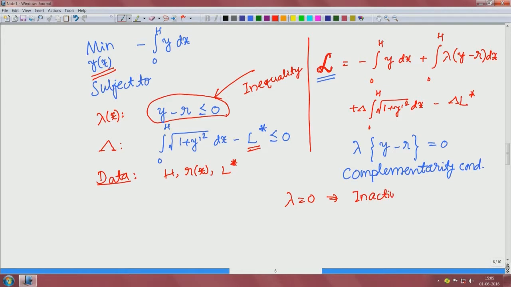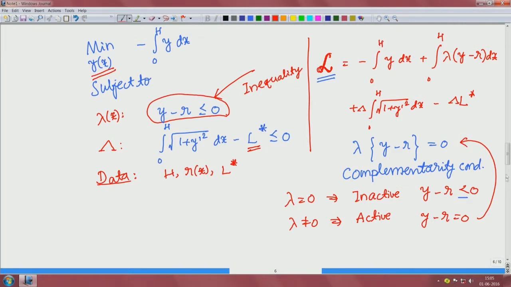In such a portion, in general, y minus r is less than 0. It can be 0 in some special cases, in general it is not. On the other hand, if lambda is not equal to 0, the constraint is active. That also means that y minus r must be equal to 0 because of the complementarity condition.